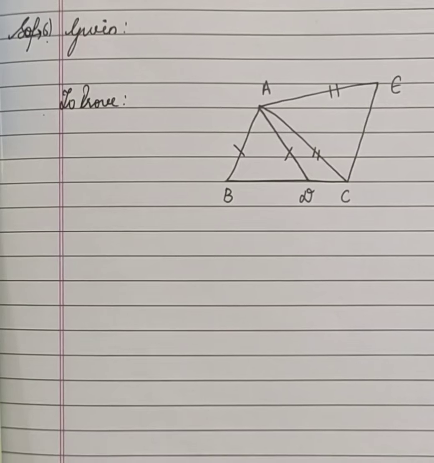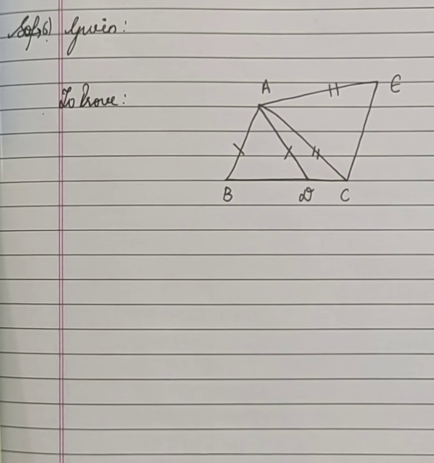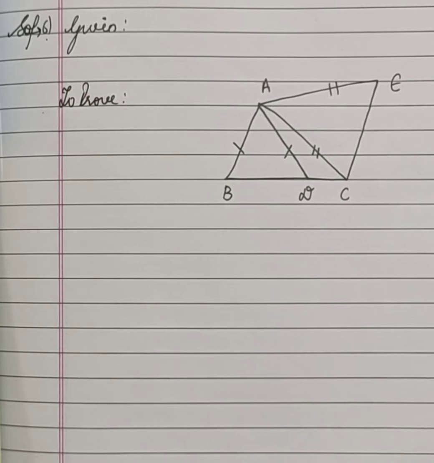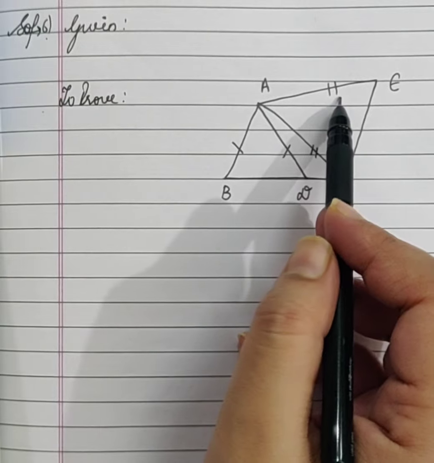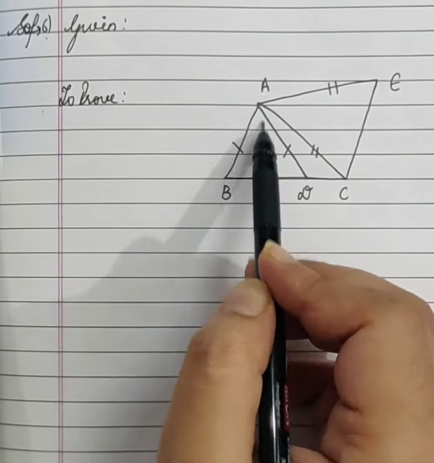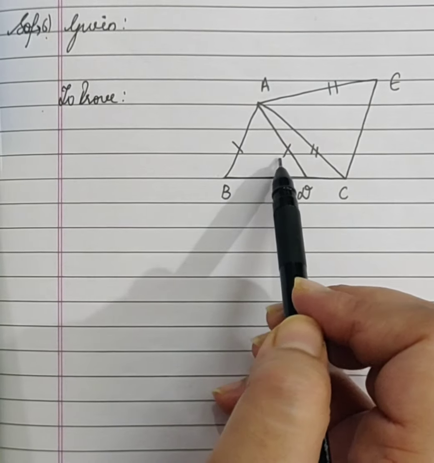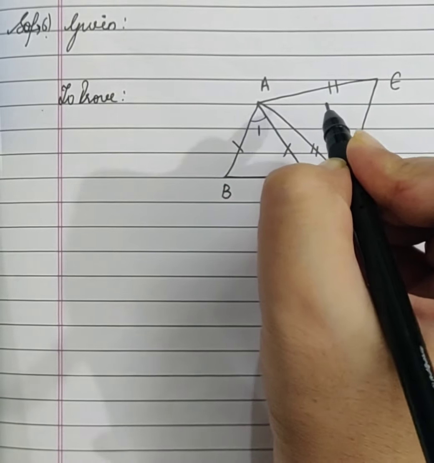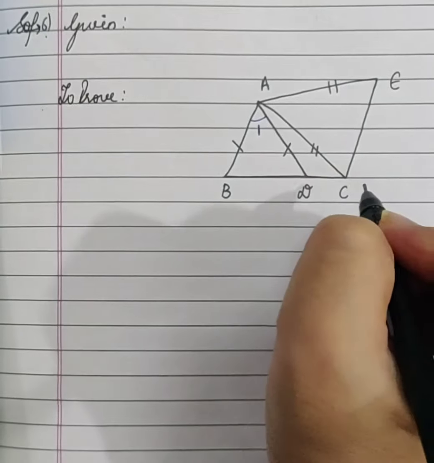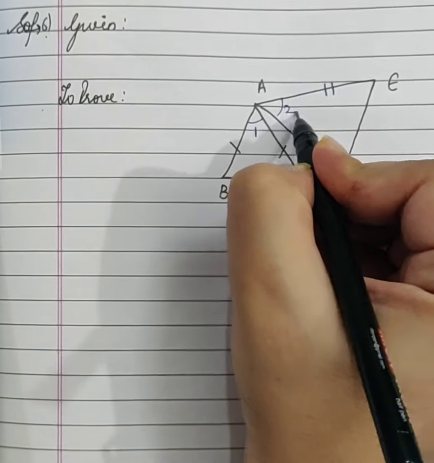That's it. Let's look at question number 6. In this question it is given AC is equal to AE, that I have already marked with double lines. AB is equal to AD, marked with the single lines, and angle BAD, that means angle 1, is equal to EAC, that means angle 2.